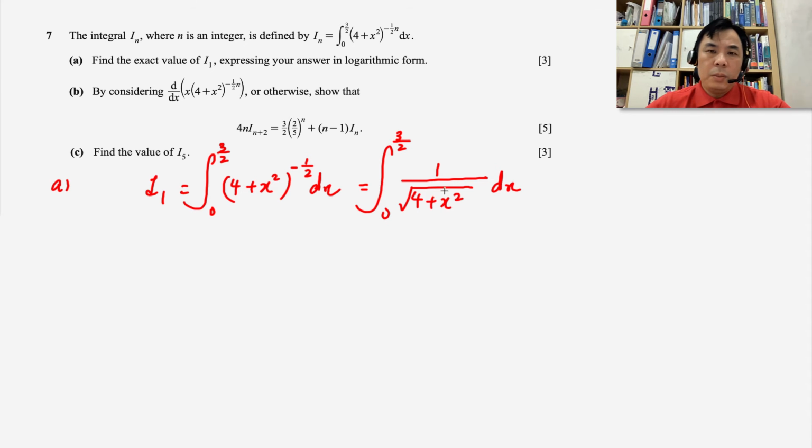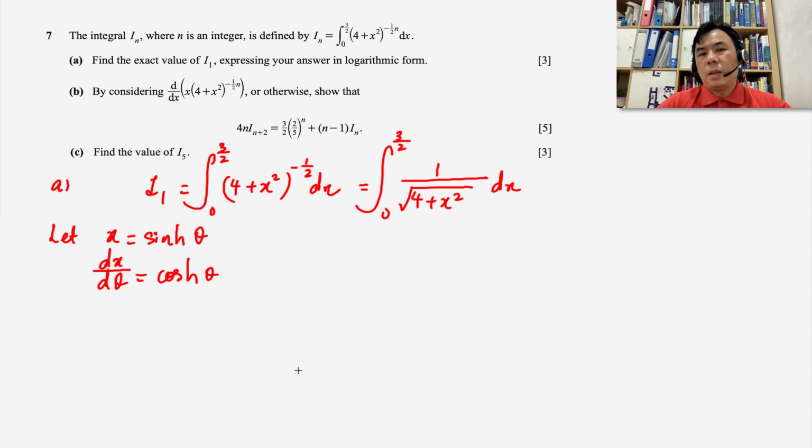I'm just going to use one of them. I think it's easier to let x be sinh theta, for instance. From here we can differentiate this quite easily, which will yield cosh theta.